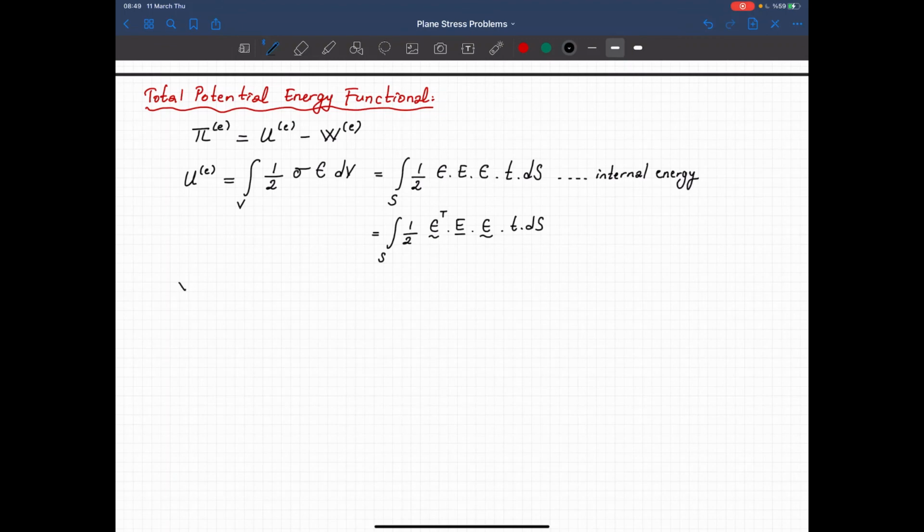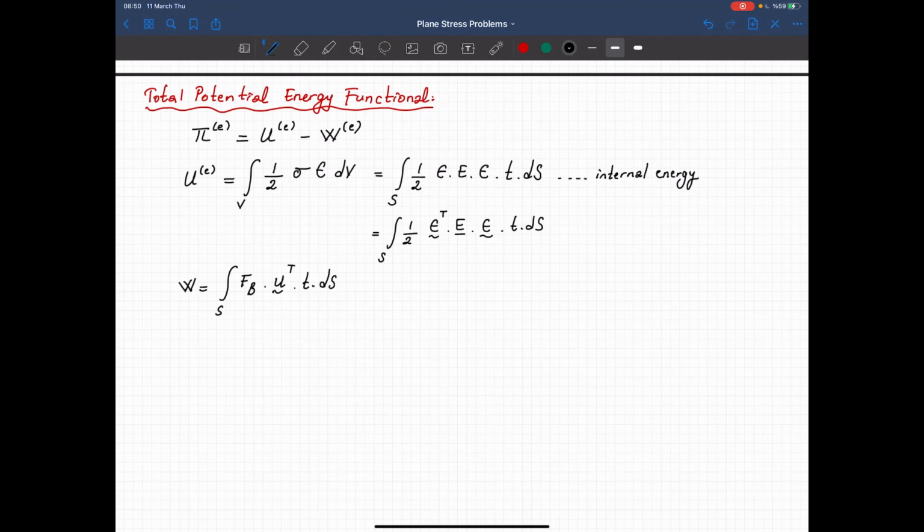Now the external work can be calculated as follows. Let's use the surface integral. We have a surface load, a body load, multiplied by the displacement transpose itself, so that we'll get a volume, t times dS.